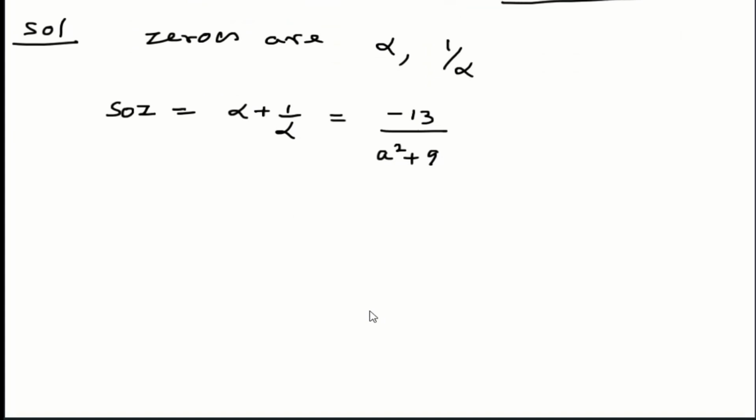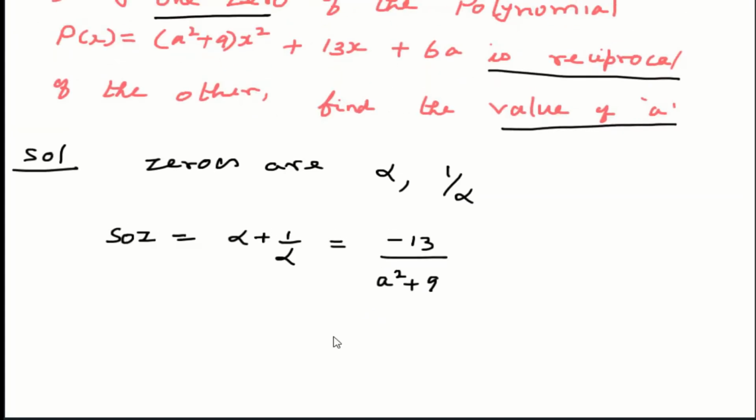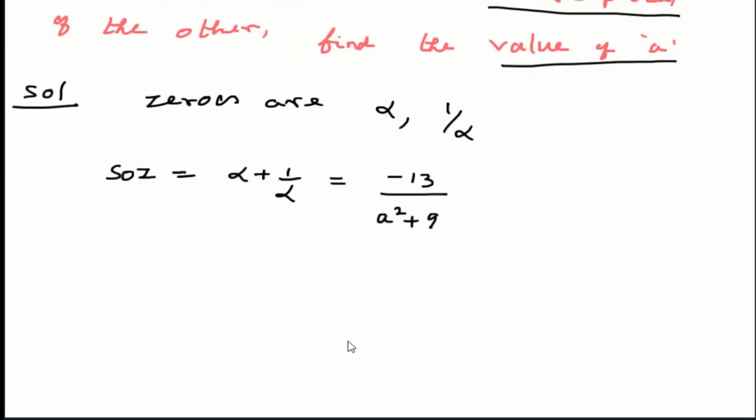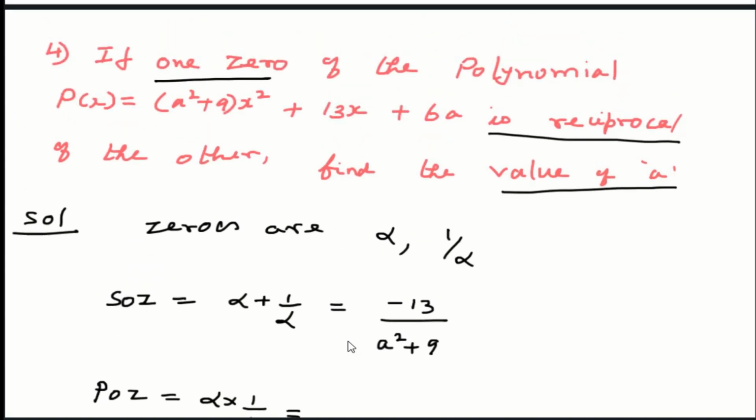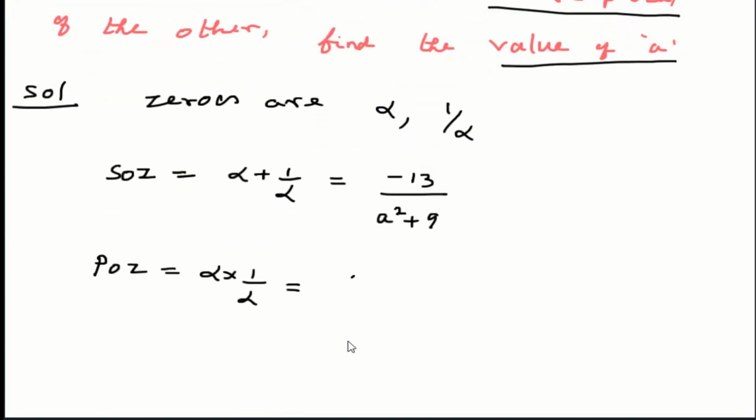Now we'll move on to product of zeros. In sum of zeros I am not able to find A, because this side I don't know what is alpha, and this side I also don't know what is A. I cannot find two values of two variables in a single equation. So I am proceeding to product of zeros. Product of zeros is alpha into 1 by alpha is C by A. What is C? C is 6A by A square plus 9. So alpha and alpha get cancelled.